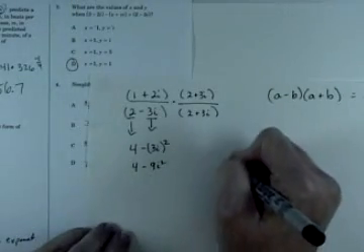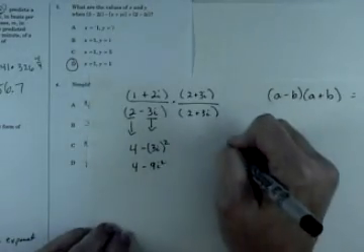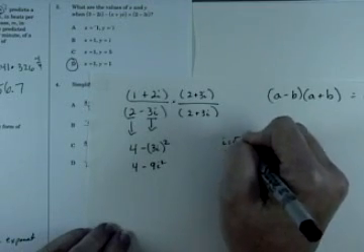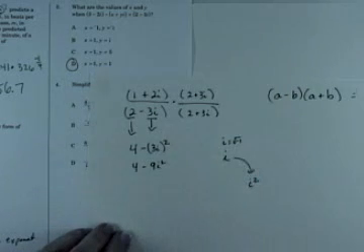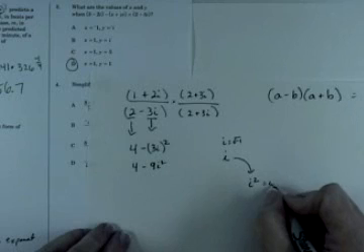All right, so let's remember them. i is just i, or you can think of it as the square root of negative 1. i squared: square root of negative 1 times the square root of negative 1 is negative 1.